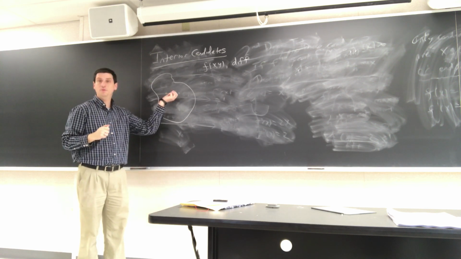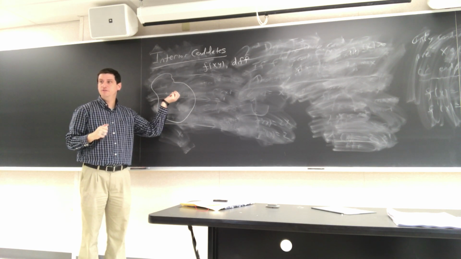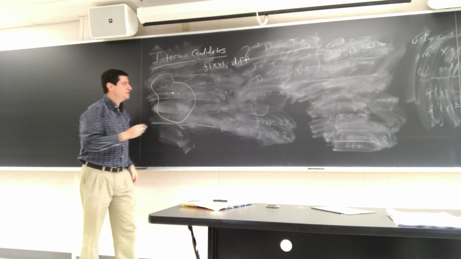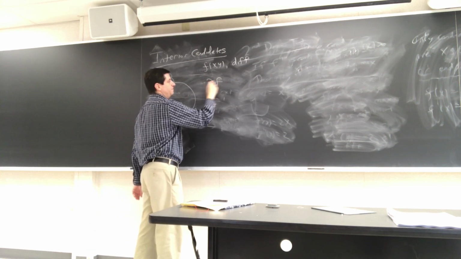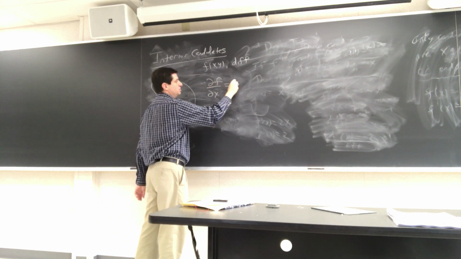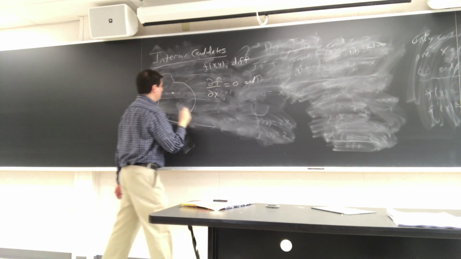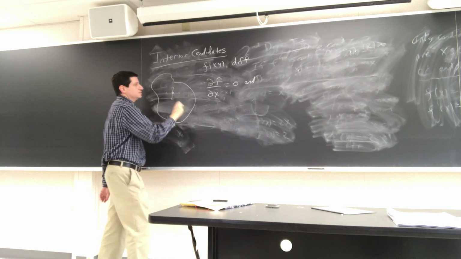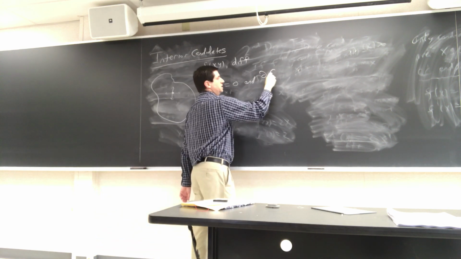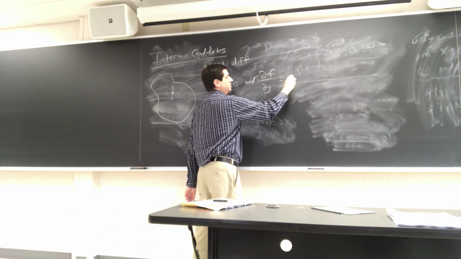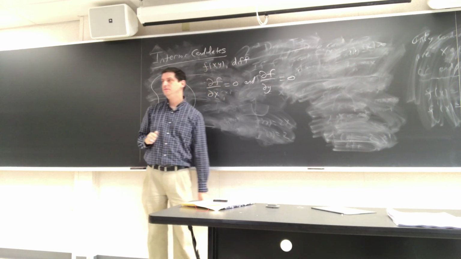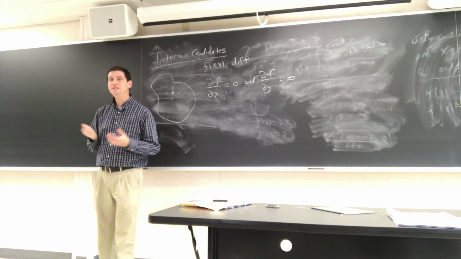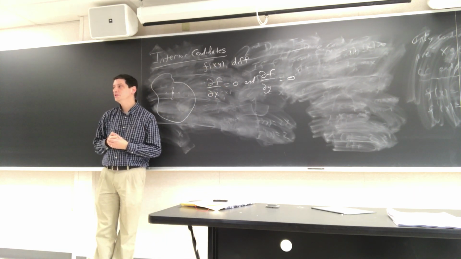If this is a maximum, or if this is a minimum, the first derivative must be 0. And so that tells us we need df/dx equals 0. And then if we move this way, we need df/dy to be 0. So it follows immediately from the results we did in one dimension.